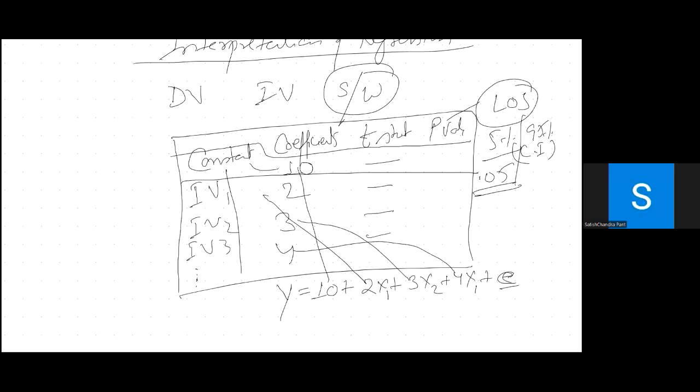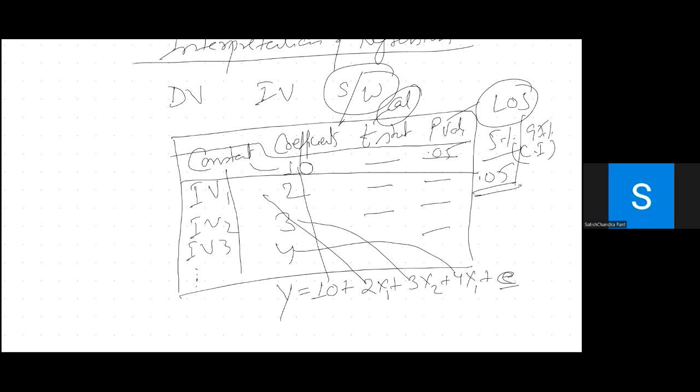Now for these values the machine will calculate some t value, t statistics. If you remember hypothesis testing, these t values are basically taken from t calculated and t critical, right? So t statistics will be provided by the machine, and based on these calculated values, the computer will also provide the p values corresponding to them.